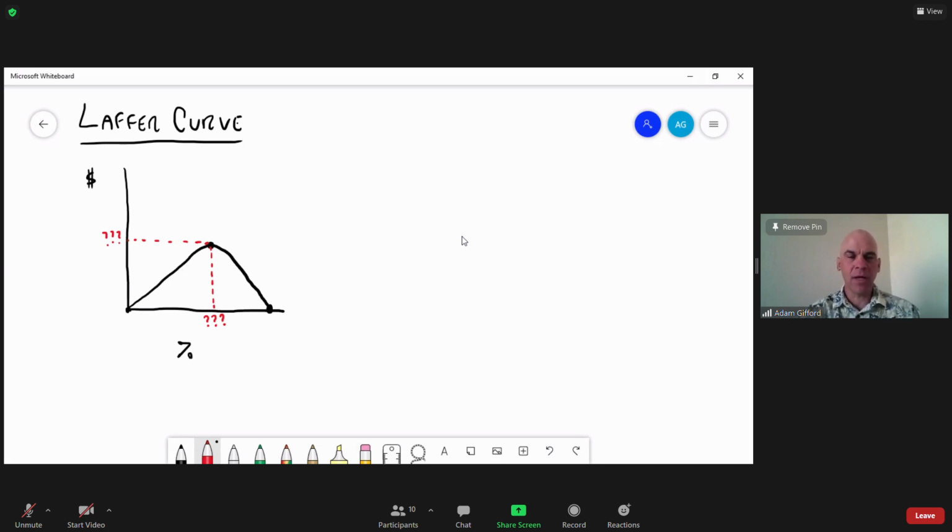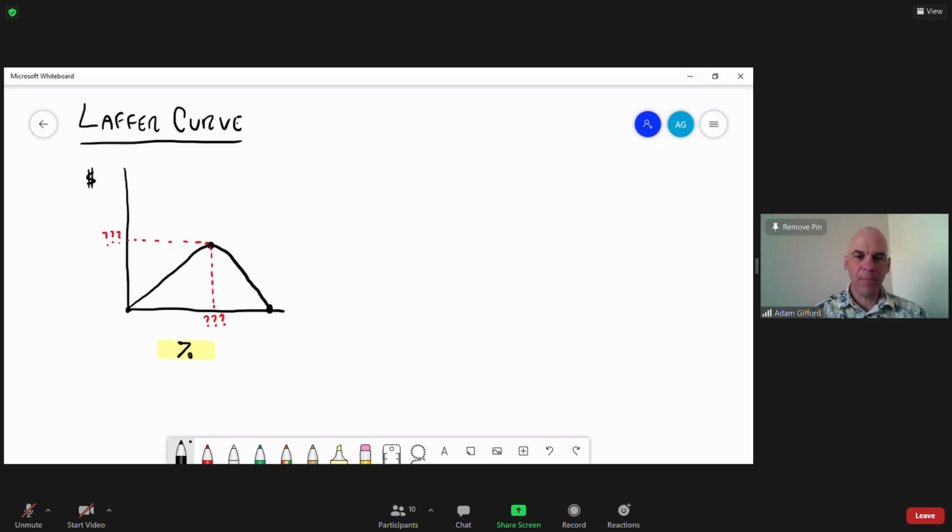But what he said was, if we change tax rates, all we can do is change tax rates. We can't control how people react to those changes. So he said the only thing you can focus on is tax rate. Tax revenue will just be a function of that tax rate.